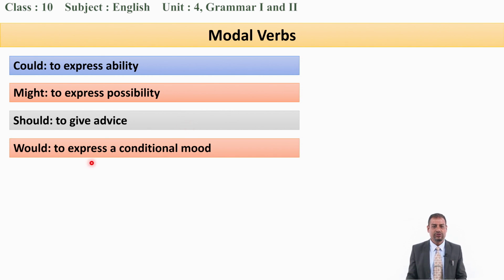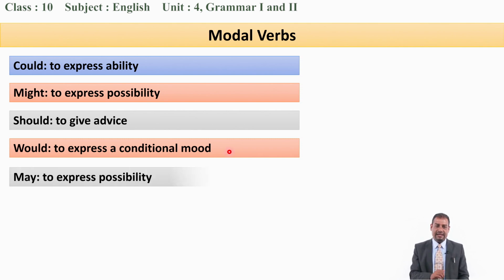Yes, it is used to express a conditional mood. If something happens, then another action can take place. Condition. So, the heron had that type of conditional mood in the story. So, modal verb would is used to express a conditional mood. Have you written it down again?